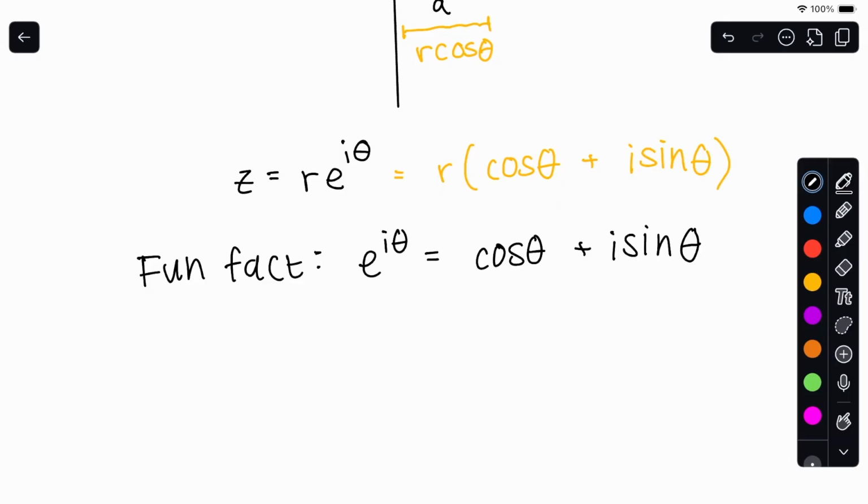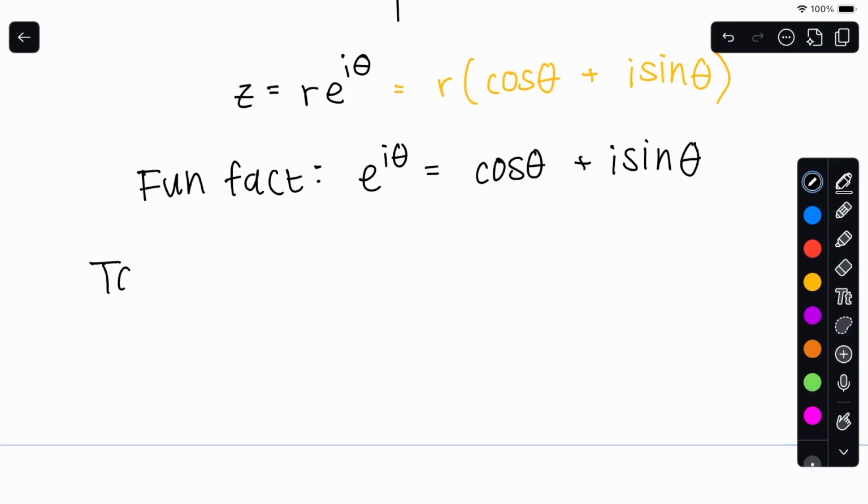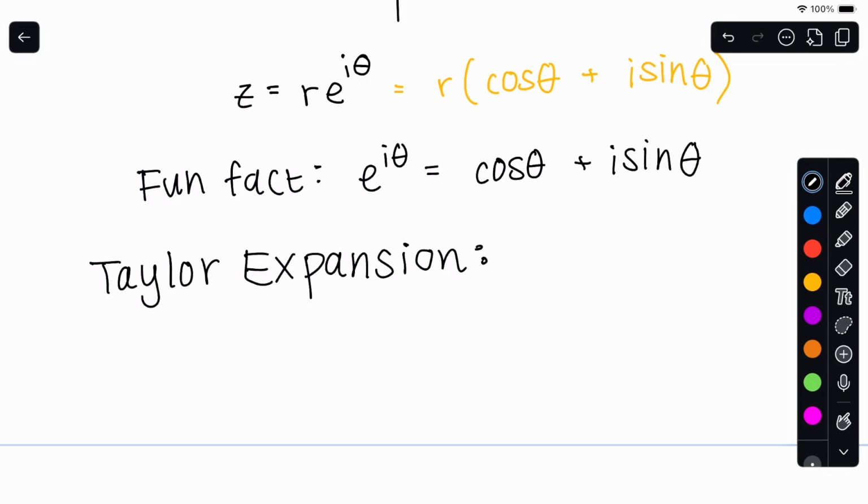Again, this fact may seem to be coming out of nowhere. How can you have e to the i something and it's just a complex number described in this way? But you can more easily see this if you perform a Taylor expansion. If you don't know what a Taylor expansion is, that's okay. This is a fun mathematical aside that you don't need to worry about too much. If you know what it is, you might find this interesting.